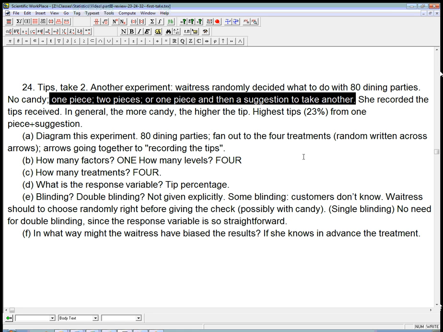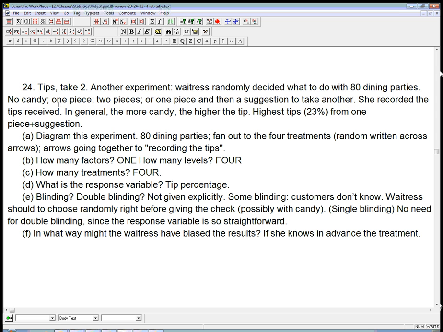And if she knows what's going to happen, then there's really another variable that's changing between the treatments that you don't want to change, namely what she's planning to do and her knowledge of that, and that could easily influence her behavior. So one of the big purposes of the single blinding on the experimental subject side is to try to take away some of those confounding variables.